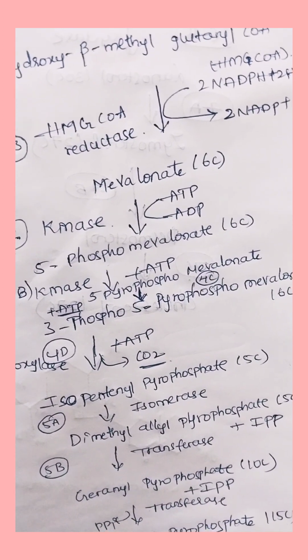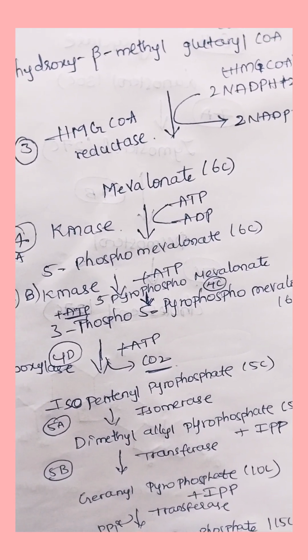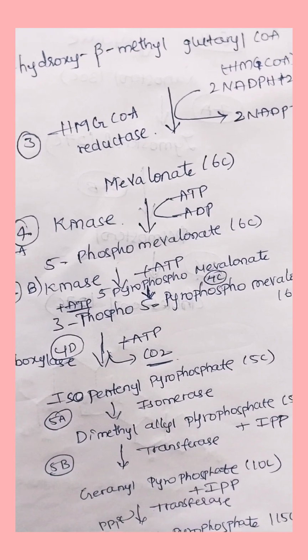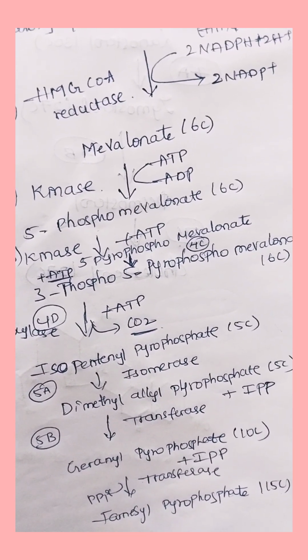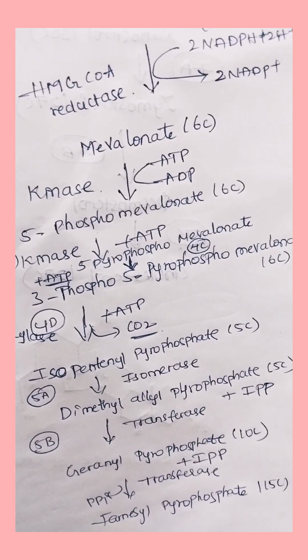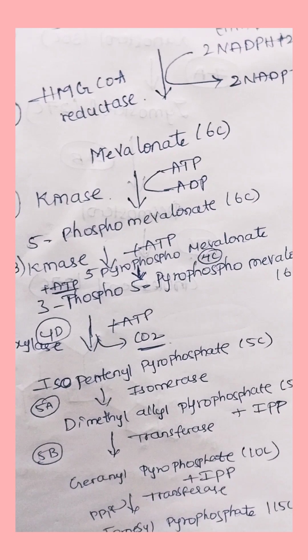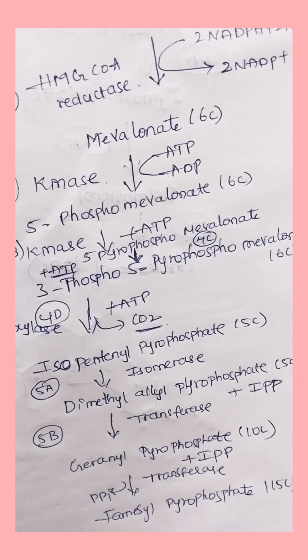Again we add isopentenyl pyrophosphate to the geranyl pyrophosphate. Then we get farnesyl pyrophosphate, a 15 carbon compound, since geranyl pyrophosphate is 10 carbons and we add 5 carbons.